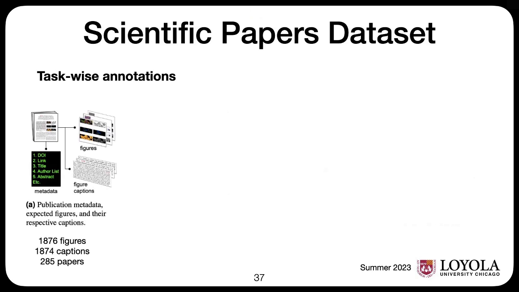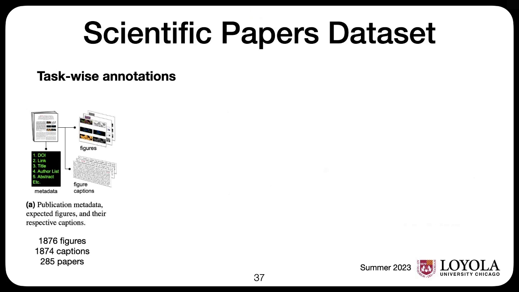And here are some details of the annotation. For the first task, the one for extracting the figures from the PDFs and linking the figures to the captions, we took 1,800 figures and associated them to their respective captions, and this involves 285 papers.